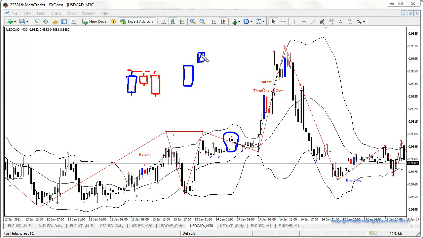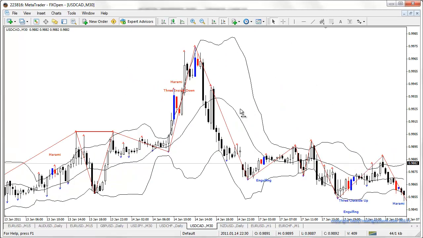This one can be red or blue, it doesn't really matter, or white or black, depending on what your chart looks like. But what is important is that this next candle does come under the second one, or fills the gap or whatever, but it needs to come under. It can't come in at the top, or come in a little bit at the top and come down at the bottom like this. It needs to be under the second candle.